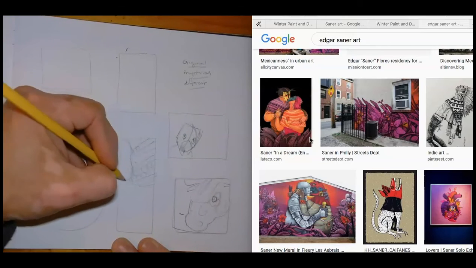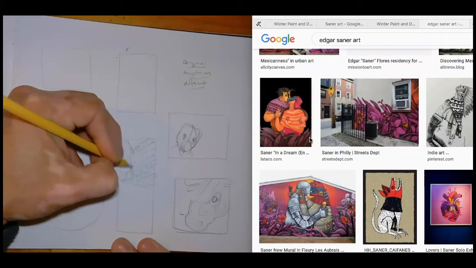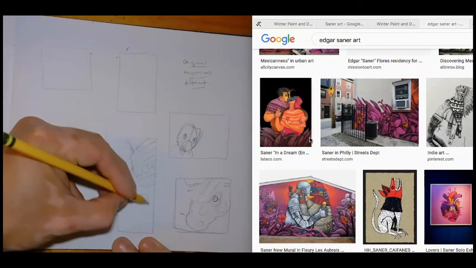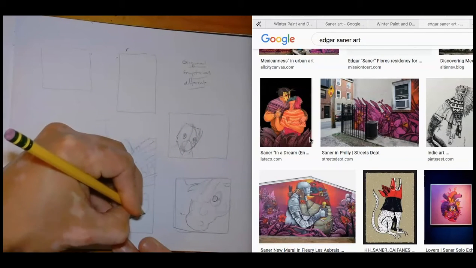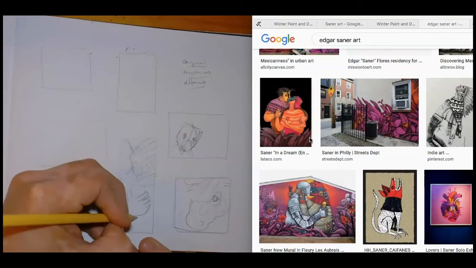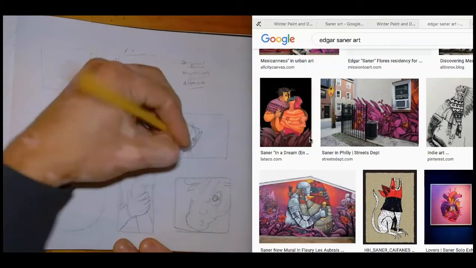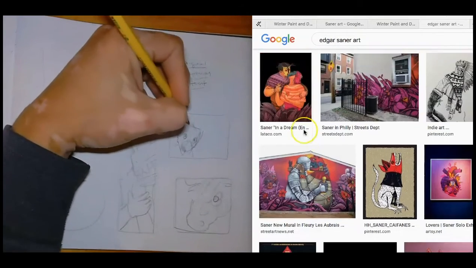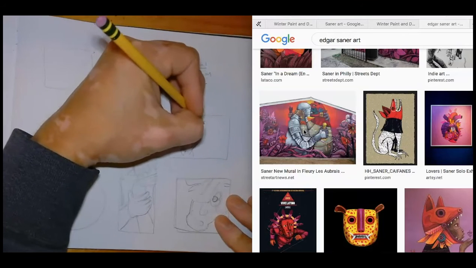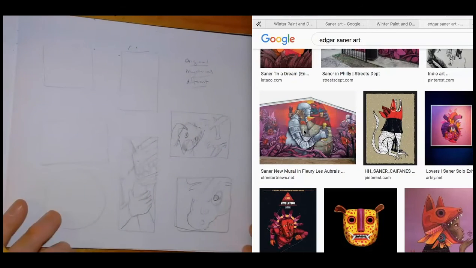But what if these 2 creatures were embracing, holding hands right here? And over here. Okay, I'm just. Oh man, I love his mask collection.